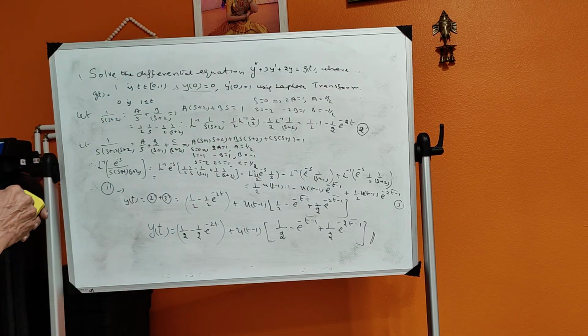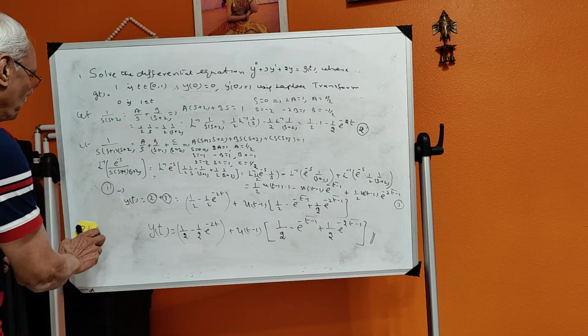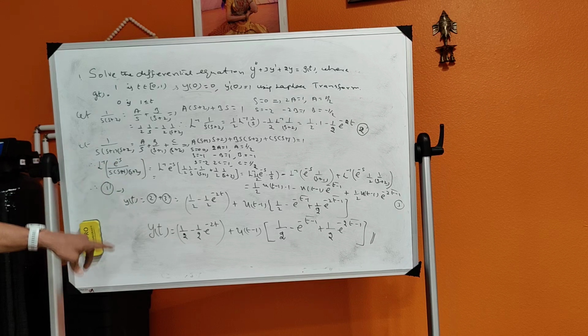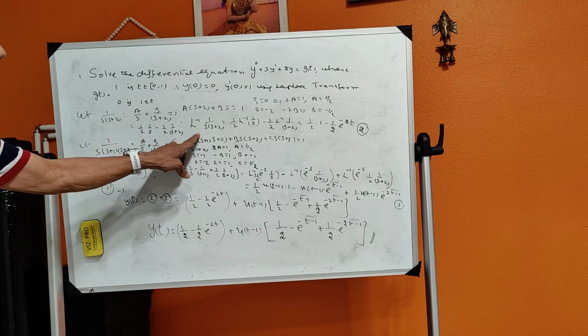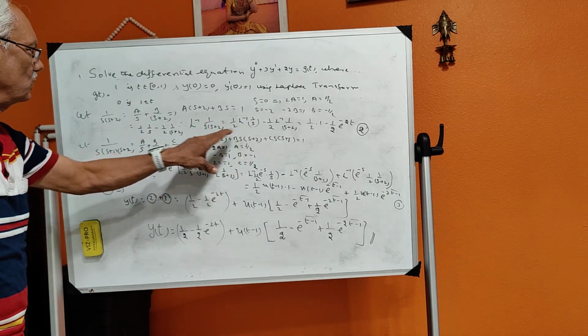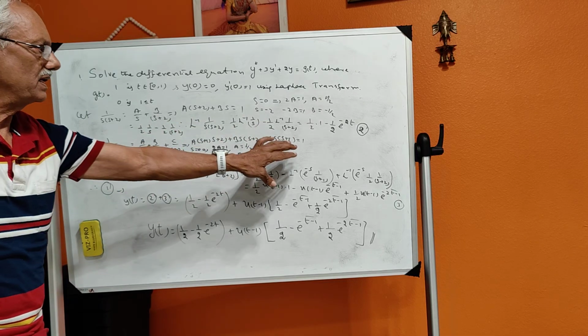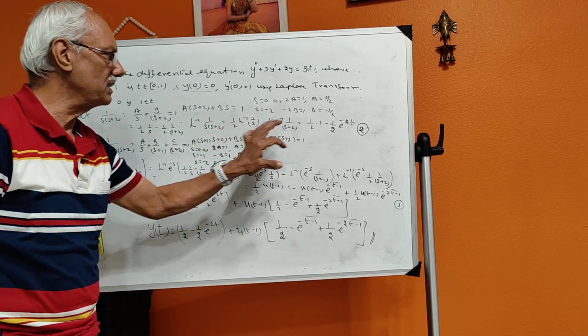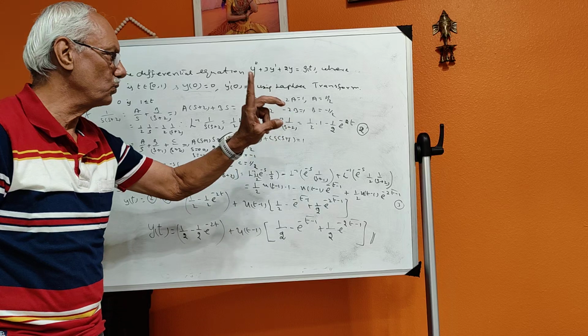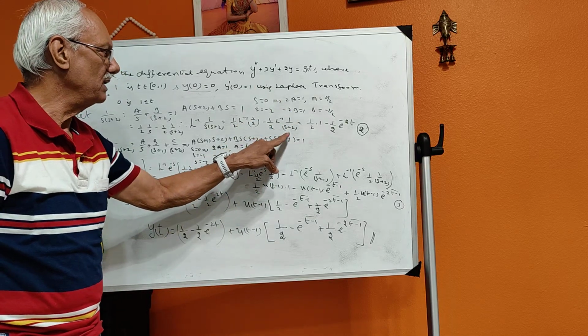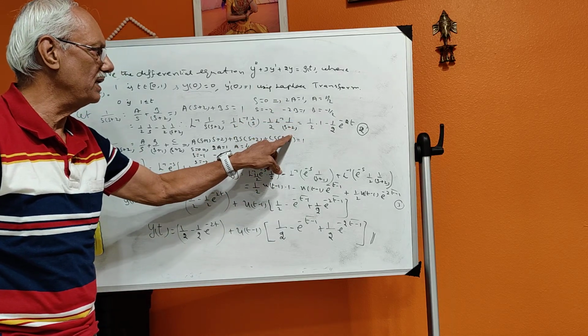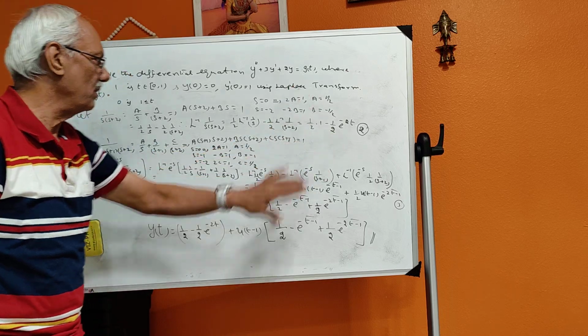So what have I done here? I split this into partial fractions, and therefore L minus 1 of this will be L minus 1 of the first fraction minus the second fraction. The inverse Laplace transform of 1 by s is 1 of half into 1, and the inverse Laplace transform of 1 by s plus 2 is e to the power of minus 2t.